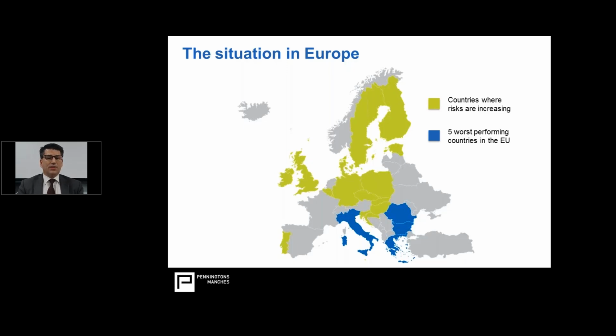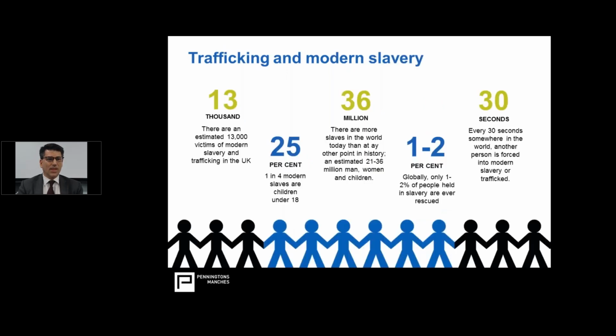The second edition of the Modern Slavery Index shows that modern slavery risks have risen in nearly 3/4 of the 28 member states of the European Union over the last year. Romania, Greece, Italy, Cyprus and Bulgaria are the worst offenders.